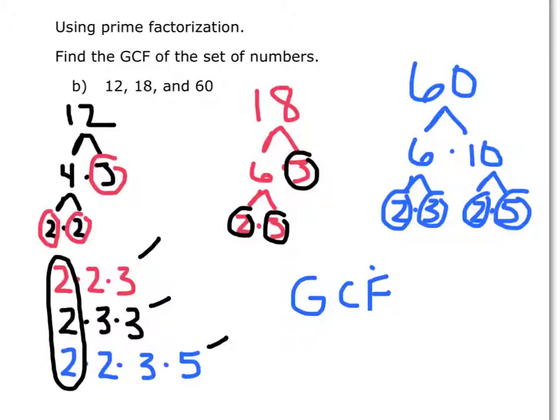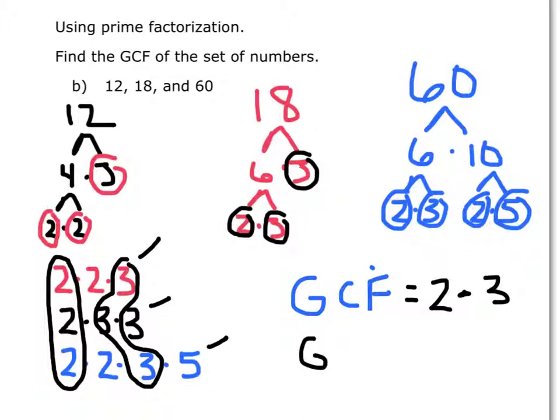So for that match right there, I write a 2 down. Times, I look, there's another match of a 3 in all 3 of them right here. So I write that 3 down. There are no other numbers that are in all 3 prime factorizations, so our greatest common factor here is going to end up being 6.